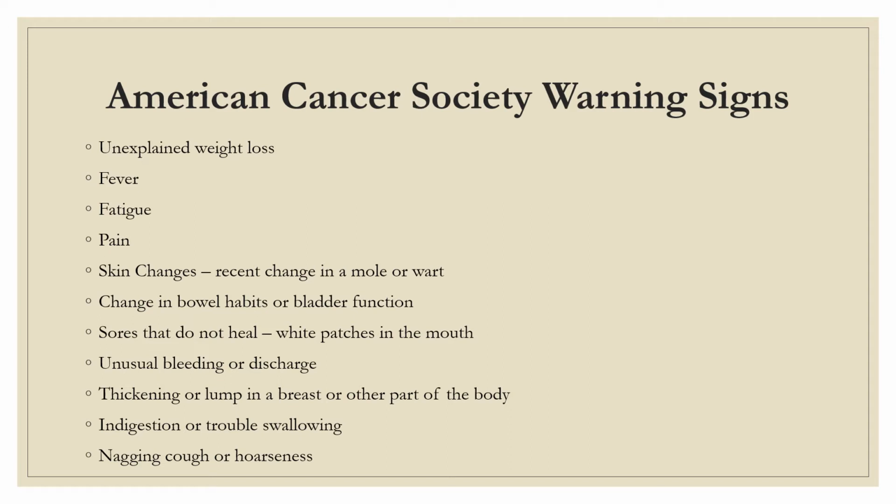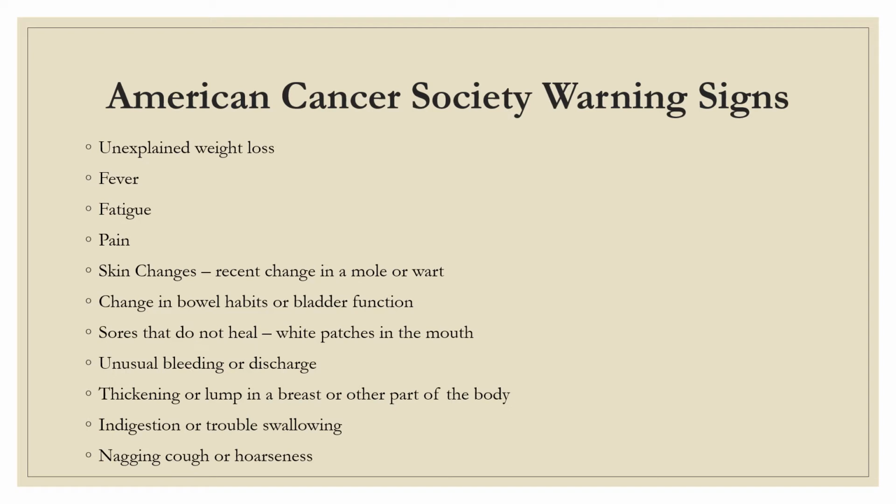We also want to talk about change in bowel habits or bladder function. Again, that can be colon cancer or bladder cancer. Sores that don't heal. You might see a lot of sores in the patient's mouth, white patches in the mouth. That could be from possible throat cancer, cancer of the mouth. Unusual bleeding or discharge. Unusual bleeding is more in relation to leukemia.